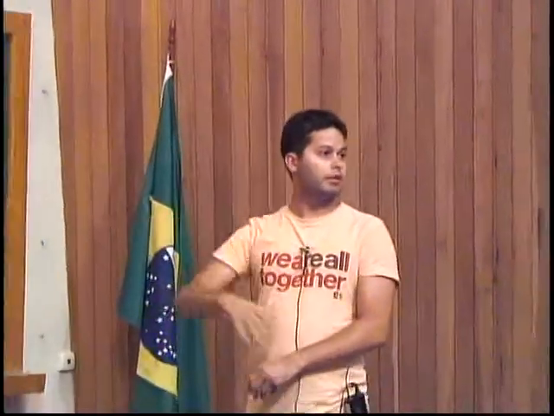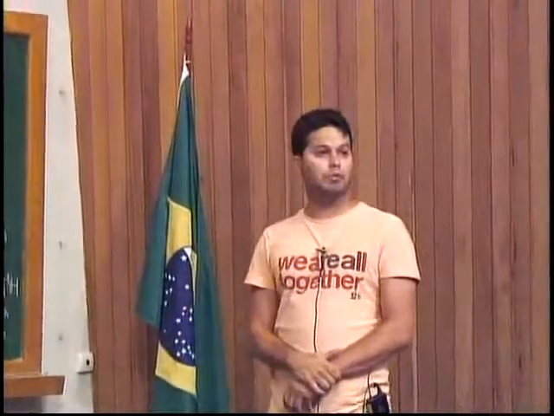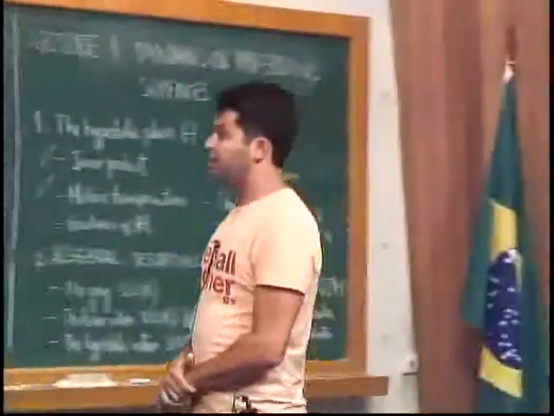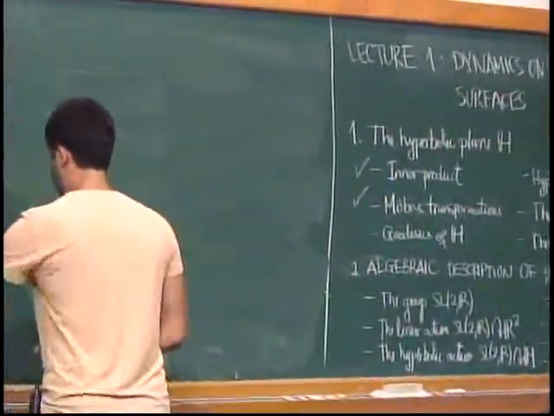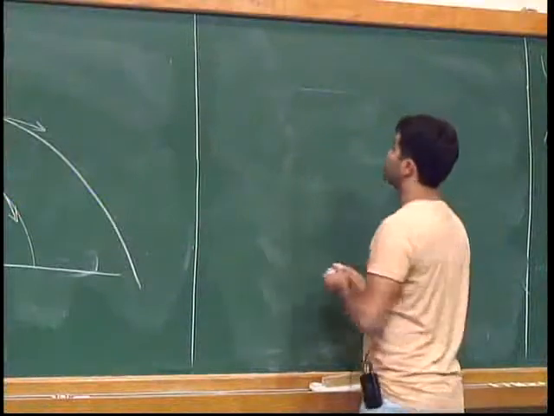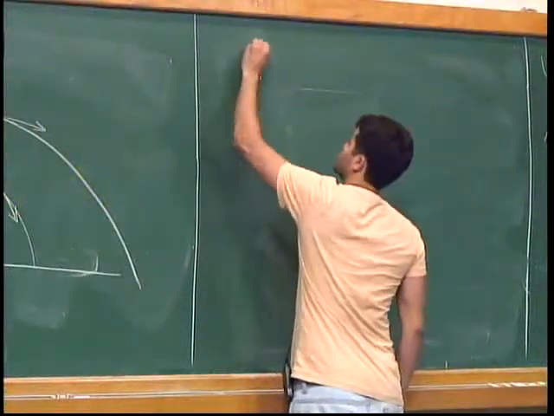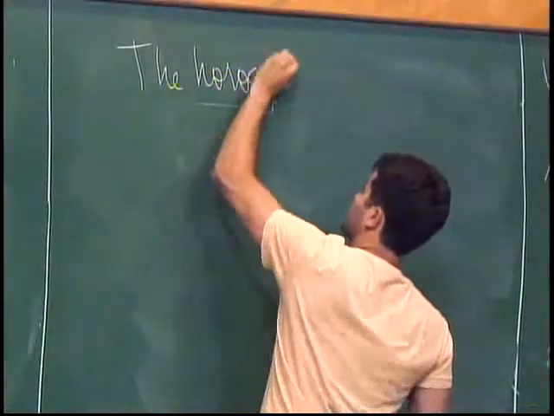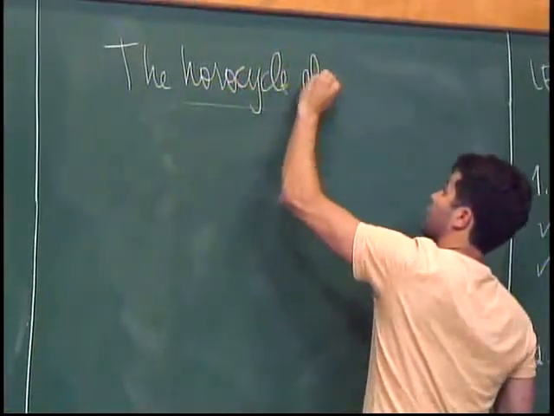And we are in the situation that we have negative curvature, right? So we should have stable and unstable manifolds. And what are the stable and unstable manifolds for the geodesic flow? This is what we call the horocycles. So the next topic that I'm going to talk about is the horocycle flows.